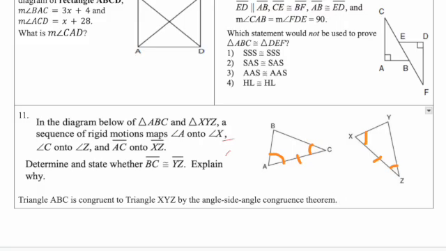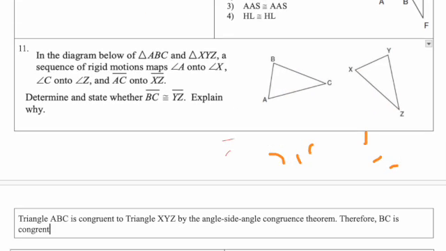And therefore, line segment BC is congruent to YZ because corresponding sides of congruent triangles are congruent.